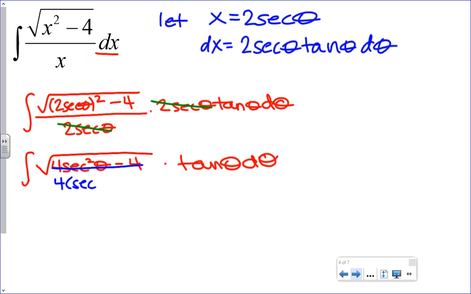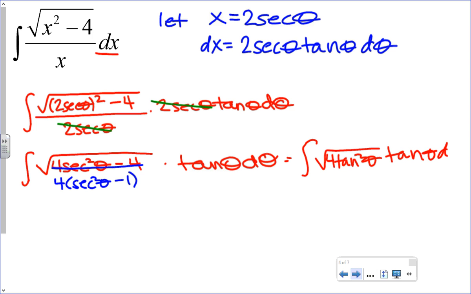And what do we know about secant squared minus 1? So we have the square root of 4 tangent squared times tangent. So what we are working with is the integral of 2 tangent squared theta d theta.